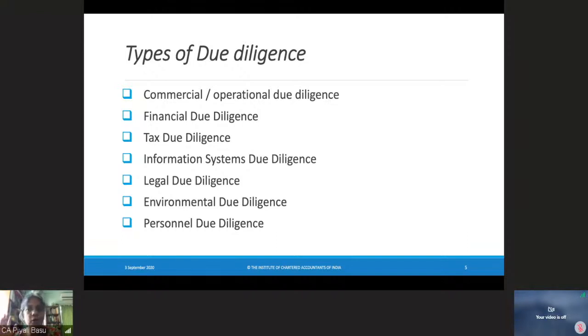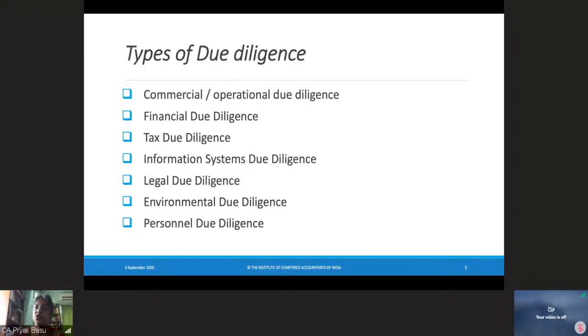In many places, as an auditor, a bank's statutory central auditor, I have seen the advance become NPA in year 1. So can you imagine what kind of bad due diligence has happened? There was no due diligence. How can it become bad? And I'm not talking of a very small amount. It's a huge amount, in a large branch, and it has gone bad within a year. So probably there was no due diligence.